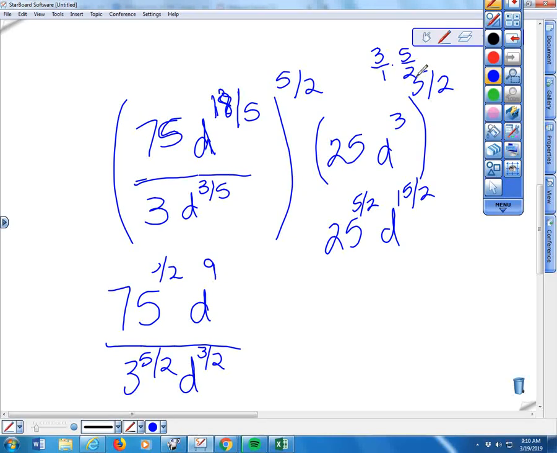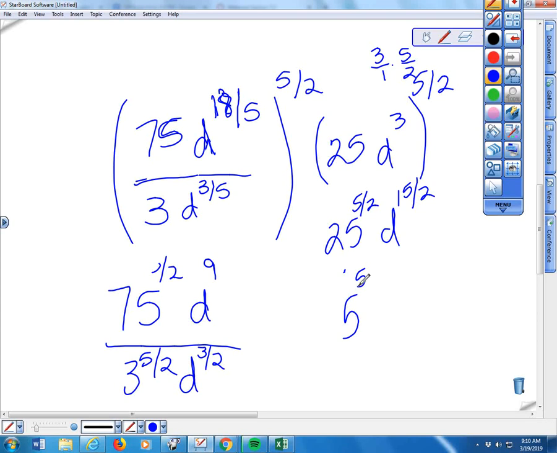Now, we need to simplify it more, because 25 to the 5/2, who can recognize what that is without having to write the root? It's the square root of 25, which is 5, with the 5 as the power. So this is going to be 5 to the 5th.